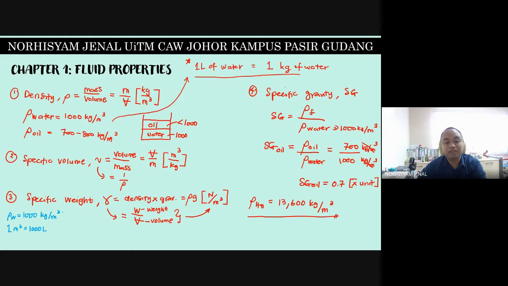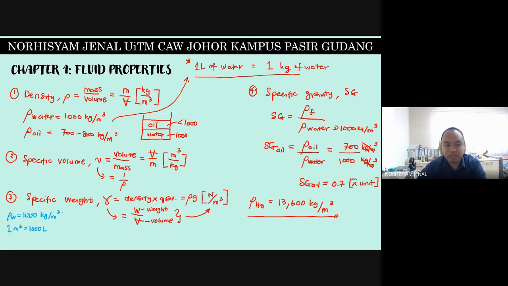All right. So you can see this is 1000 kilogram per meter cube, and 1 meter cube is 1000 liter. It means for every 1 liter of water, it is equal to 1 kilogram. So that's a simple idea of it.